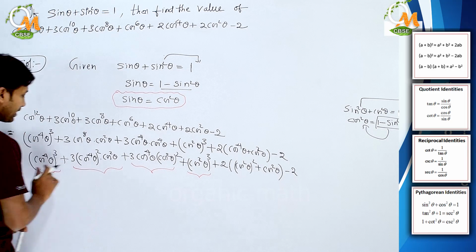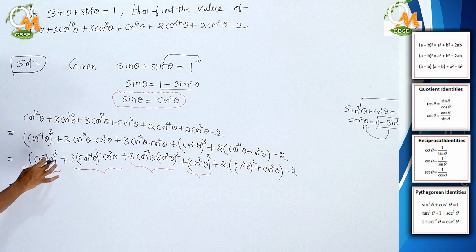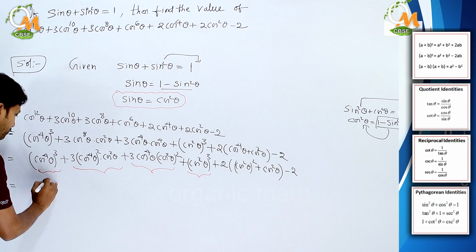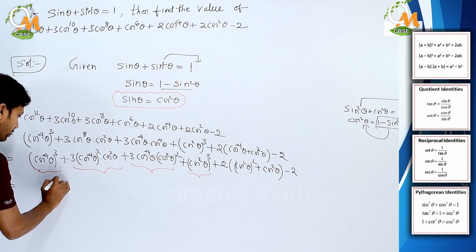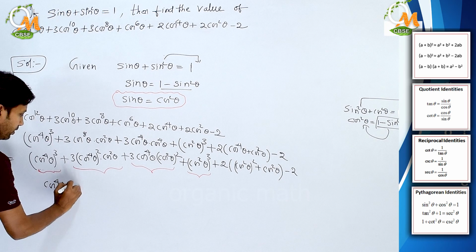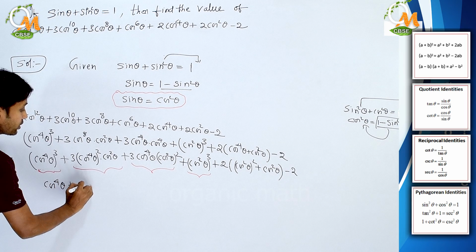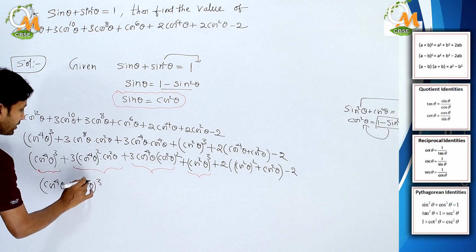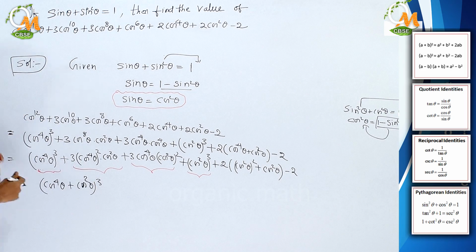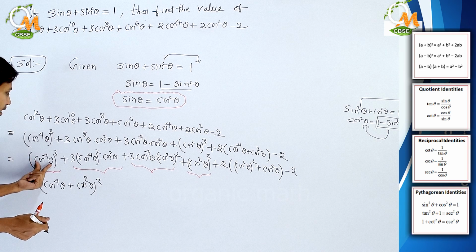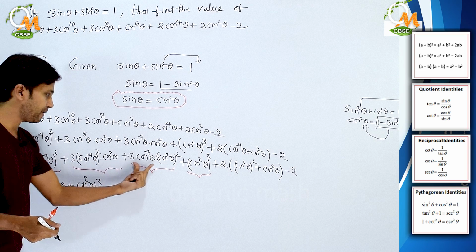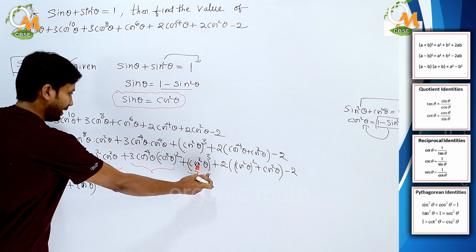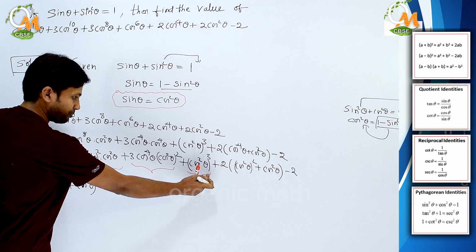Yes. So it's an expansion of A plus B whole cube, where A is cos power 4 theta and B is cos square theta. So this can be written as cos power 4 theta plus cos square theta whole cube. Is this correct or not? Since this is in the form of A cube plus 3A square B plus 3AB square plus B cube, this entire expression value would be A plus B whole cube.